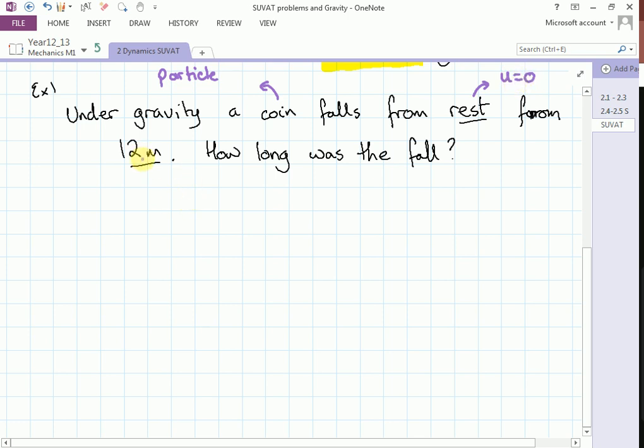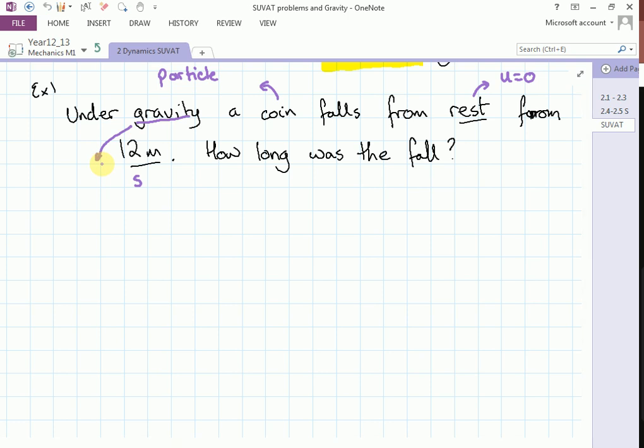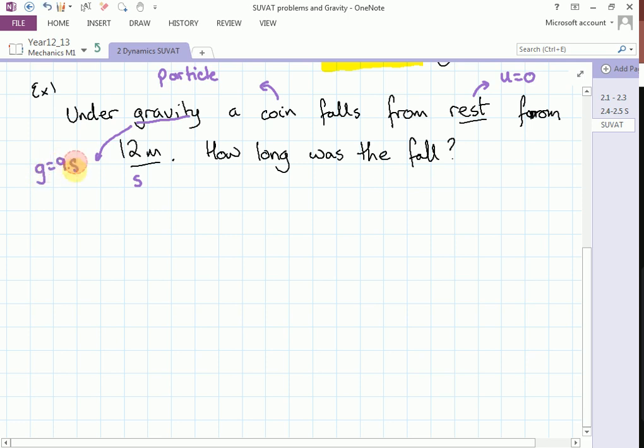12 meters, starting height, that's my s. And what does gravity tell you? 9.8 meters per second squared. Yeah. If you read the front of your exam paper, always do this when you go into an M1 paper. Look at the quantity that they put on the front. Most of the time, they say g is 9.8 meters per second squared. I have seen, not in an M1 paper, but in later papers, where because of people using 9.81, they've lost marks for being an unsuitable level of accuracy because of the nature of the type of question.